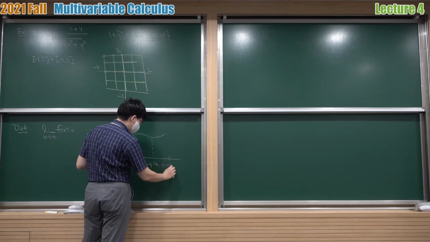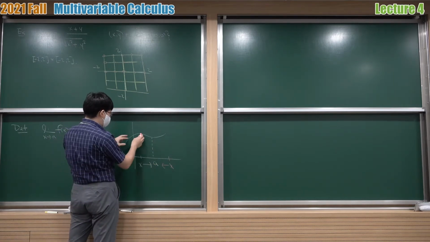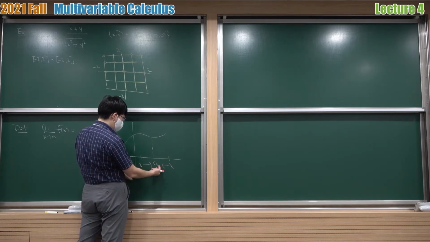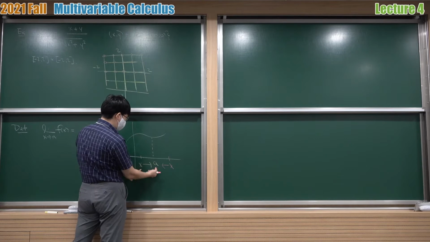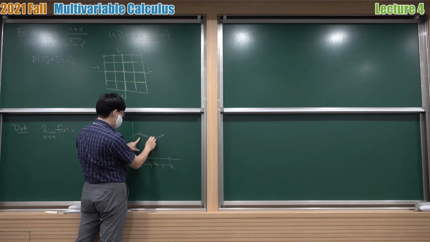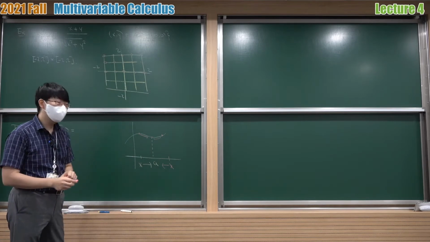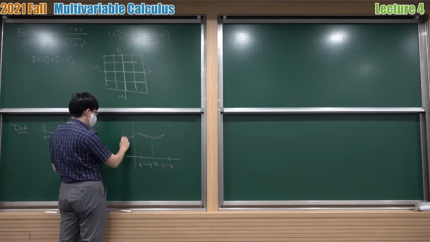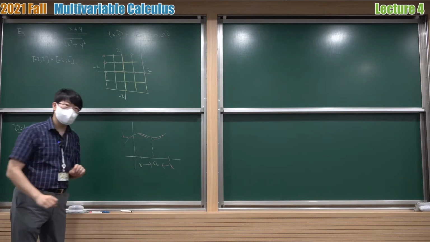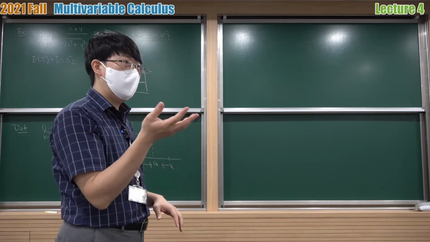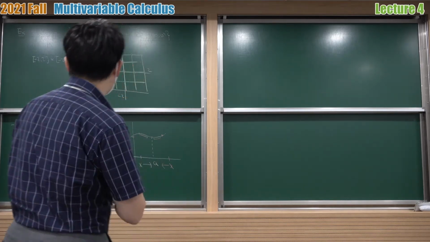It can go from the right. So you check the value of the function by changing your x from the left of a and from the right of a, and then see where the value of the function approaches. And if it approaches the same value, say here, then we're saying that the limit is this value. If it happens to be the same as the value of the function at a, then we say it's continuous.